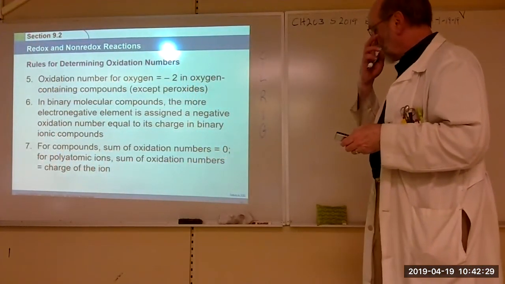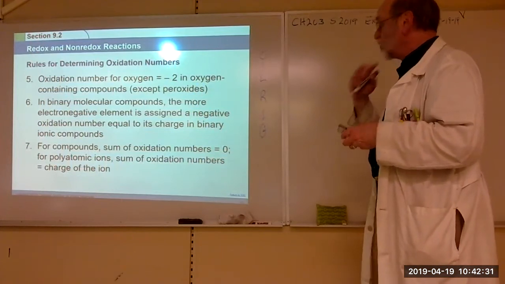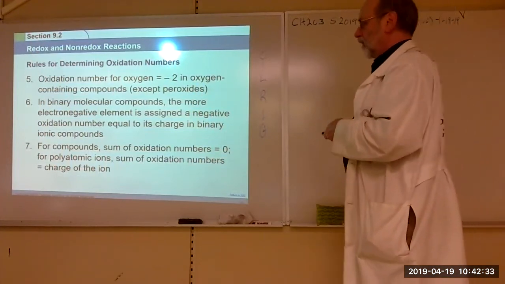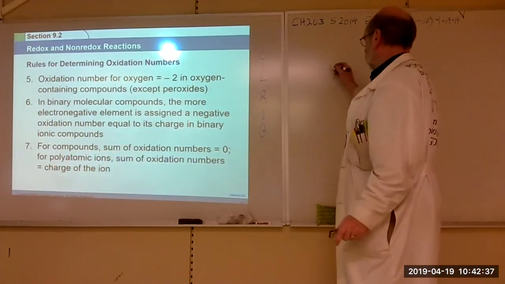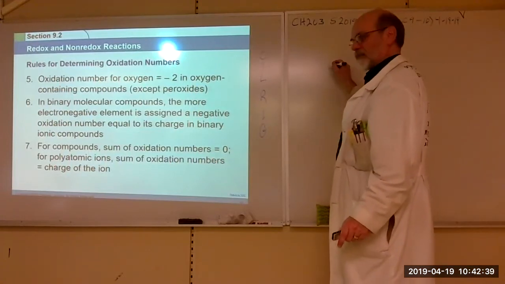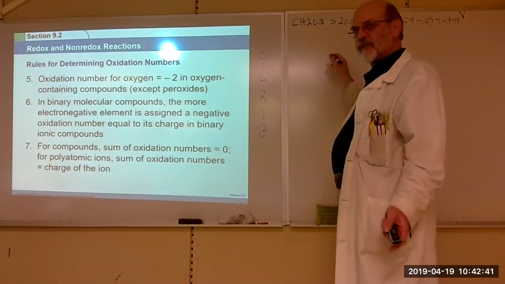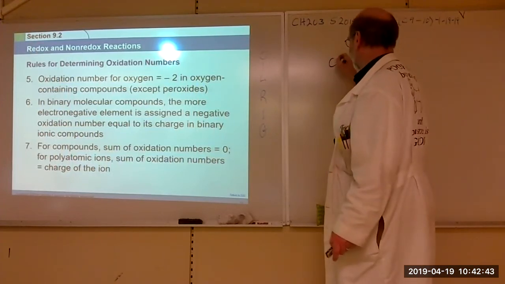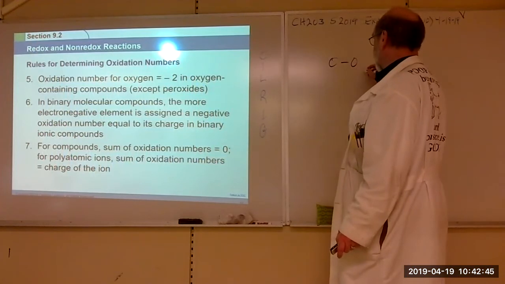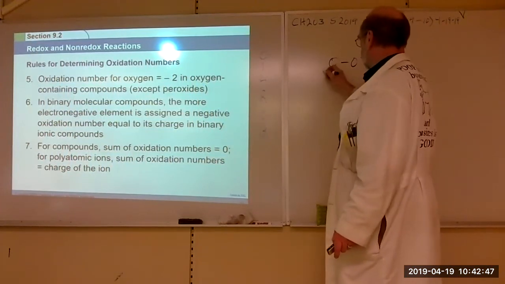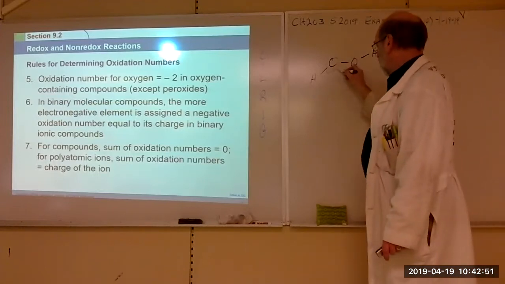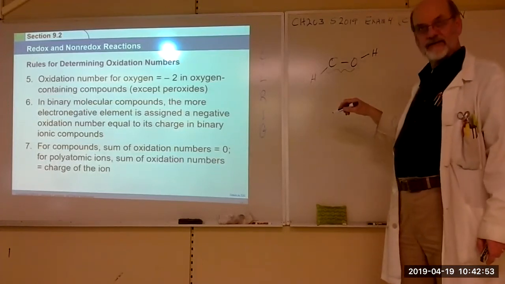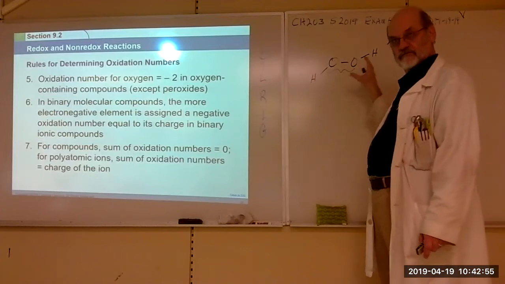Right, so that's why oxygen is given -2 all the time, except for one situation where you have peroxides. Everybody knows hydrogen peroxide, right? You keep it in your medicine cabinet. It's 2 oxygens linked together, and then each one of those oxygens has a hydrogen. This part right here makes it a peroxide, 2 oxygens bound together.